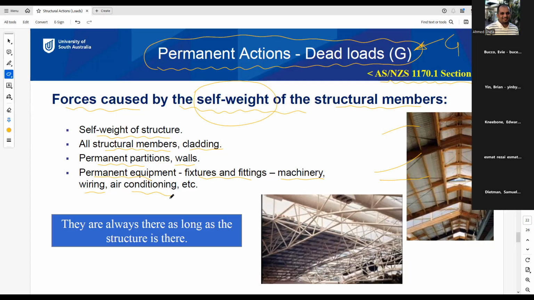So to summarize, the dead loads are the loads that are always there as long as the structure is there. They don't move on the structure. This is considered as dead loads.